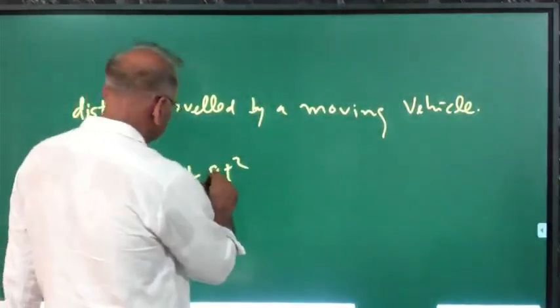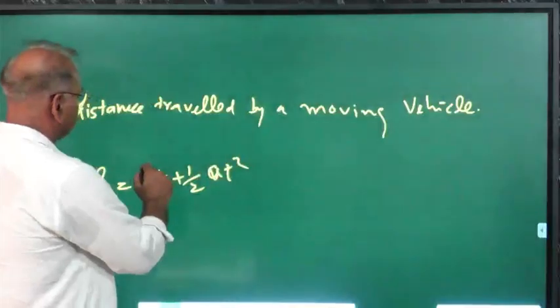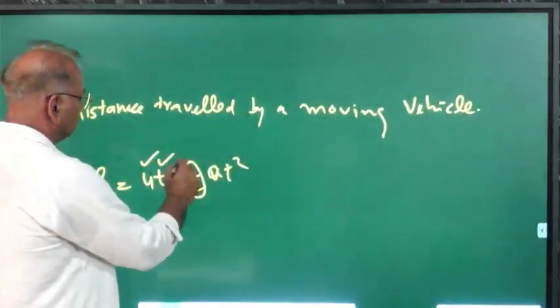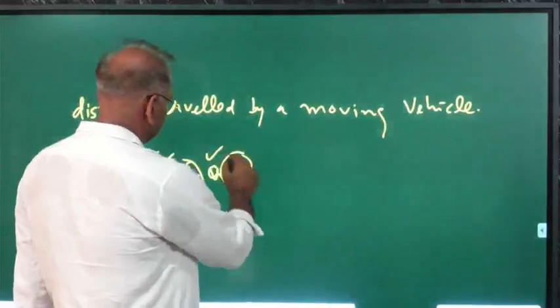Sorry, this is half at squared. Here u is initial velocity, t is time, half is a constant, a is the acceleration, and t is again time.